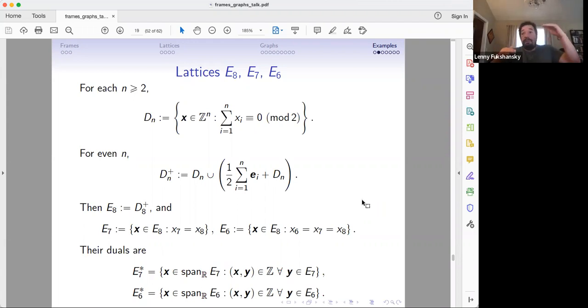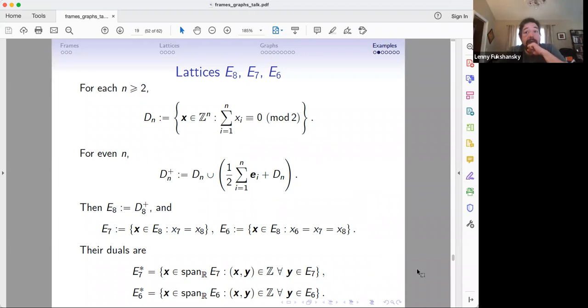It's precisely the fact that the two copies aligned, and you now have this huge bunch of minimal vectors.